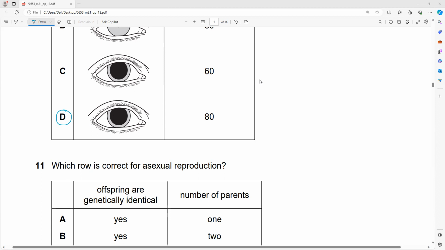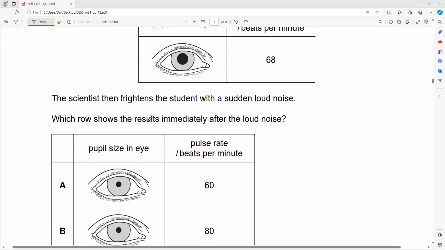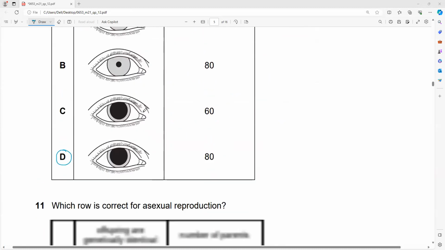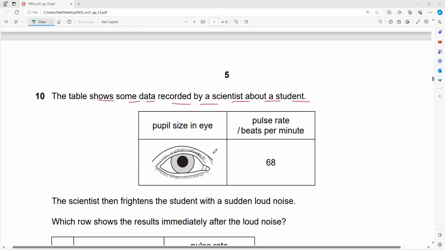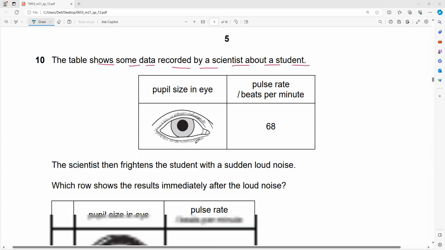It's really appreciable. I have never seen questions like these. So what is the correct option, everybody? When you suddenly get scared, as we all know, heartbeat increases and our pupil size also becomes maximum. So remember that. Okay.